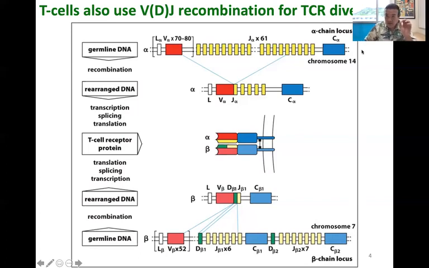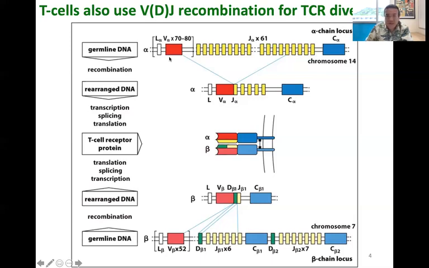Keep in mind, though, that these are different loci or different gene fragments than the ones in our immunoglobulin gene loci. It's a little confusing because the group of little fragments where VDJ happens to make the alpha chain is also on chromosome 14.